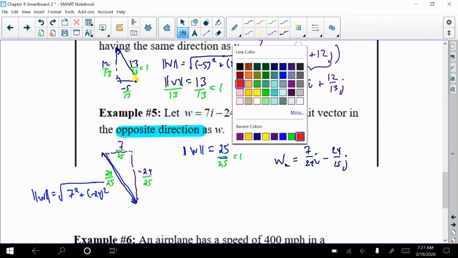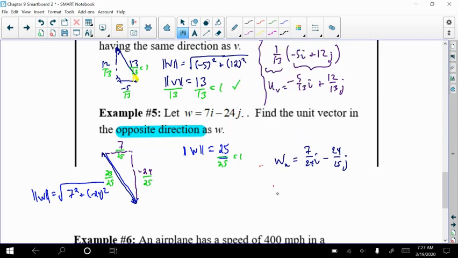So we'll go red. So in the opposite direction, W in the opposite direction, I guess, could be negative 7 24ths i plus 20. Oh, wow. Another mistake there. There should be negative 7 25ths. Wow. Definitely not doing good. No bueno for me. Let's fix that. And fix that.